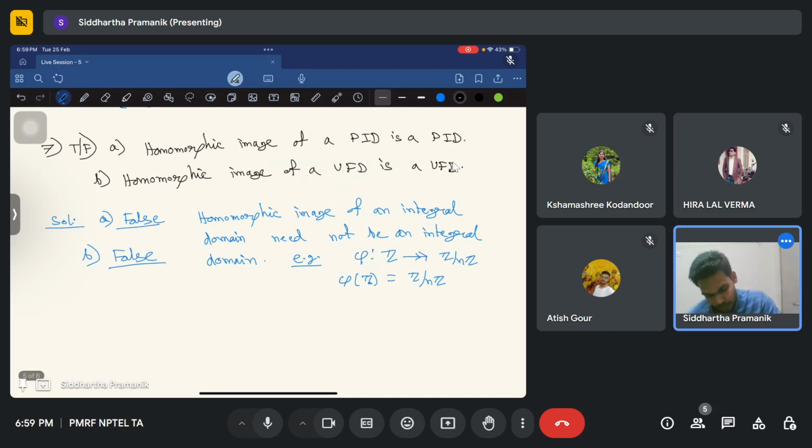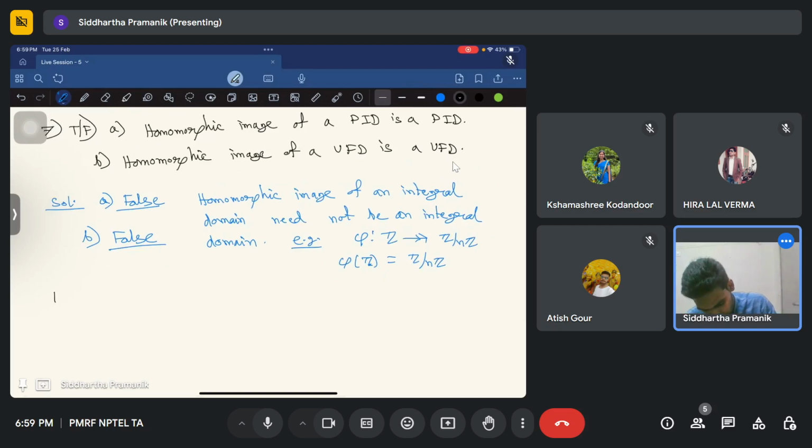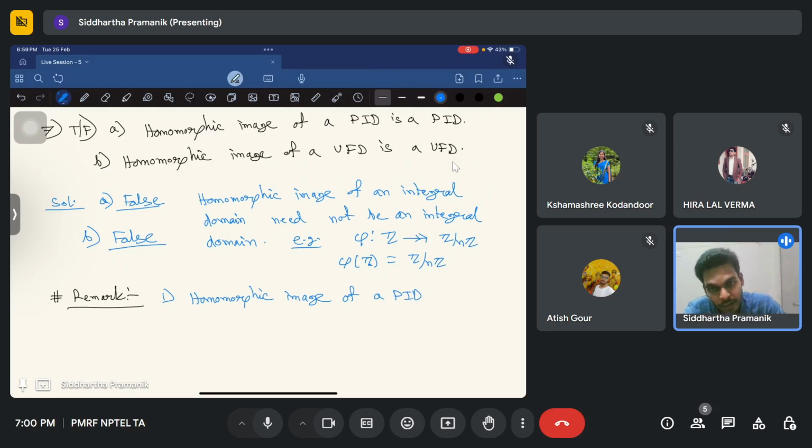Okay, let me write down a remark. The first one is the homomorphic image of a PID. The best you can say is that it is a principal ideal ring.